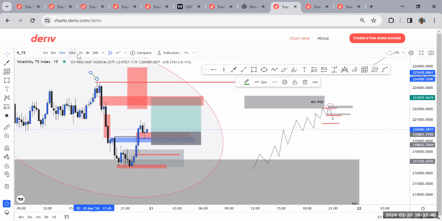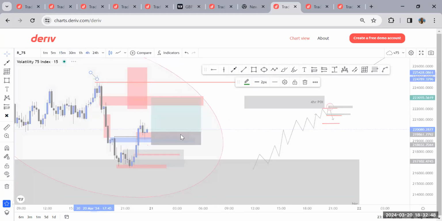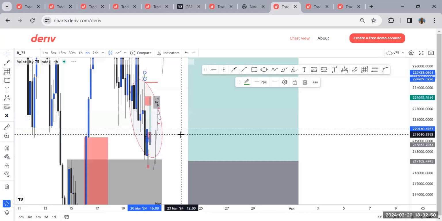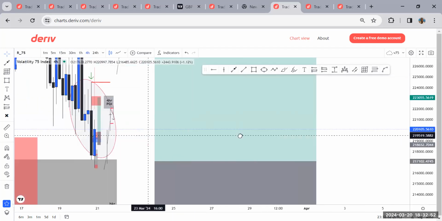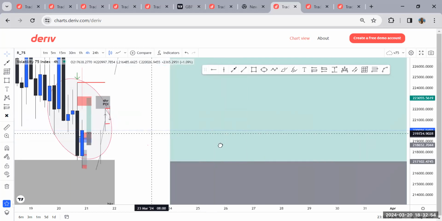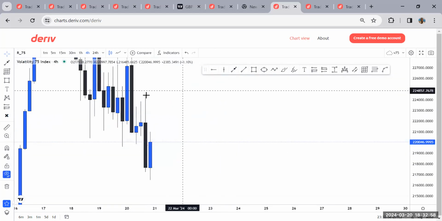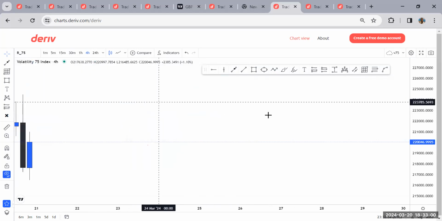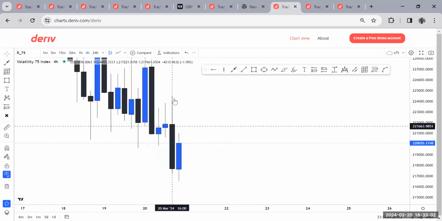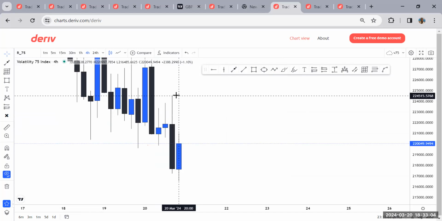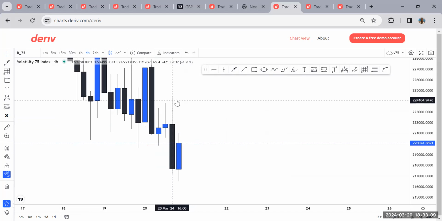So let me go to 4 hour. You see that area. On 4 hour it's just a candlestick wick. That is where we are targeting.